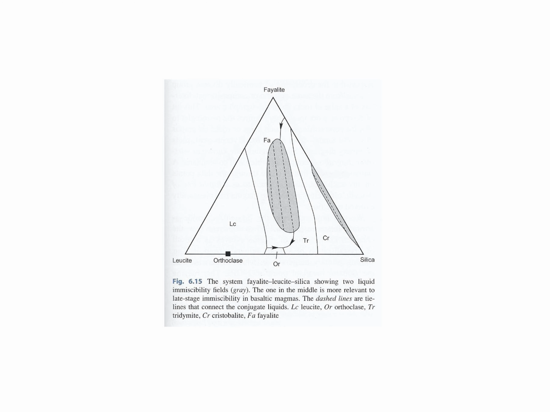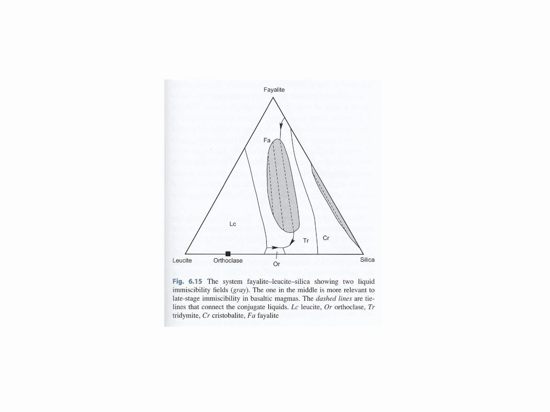The one in the middle is more relevant to late stage immiscibility in basaltic magmas. The dashed lines are tie lines that connect the conjugate liquids.